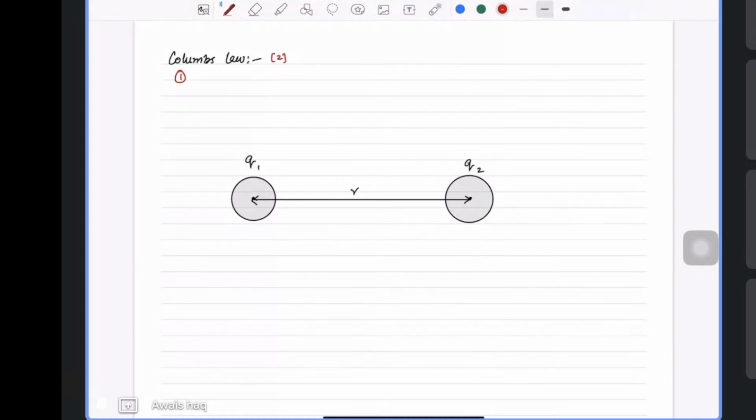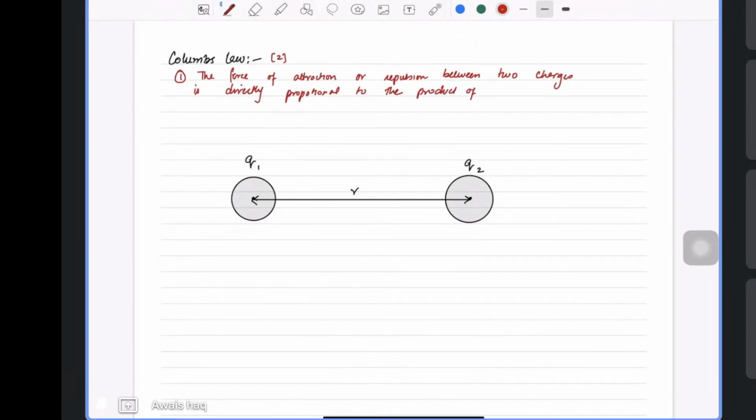it is the force of attraction or repulsion, alright, between 2 charges is directly proportional to the product of their charge.